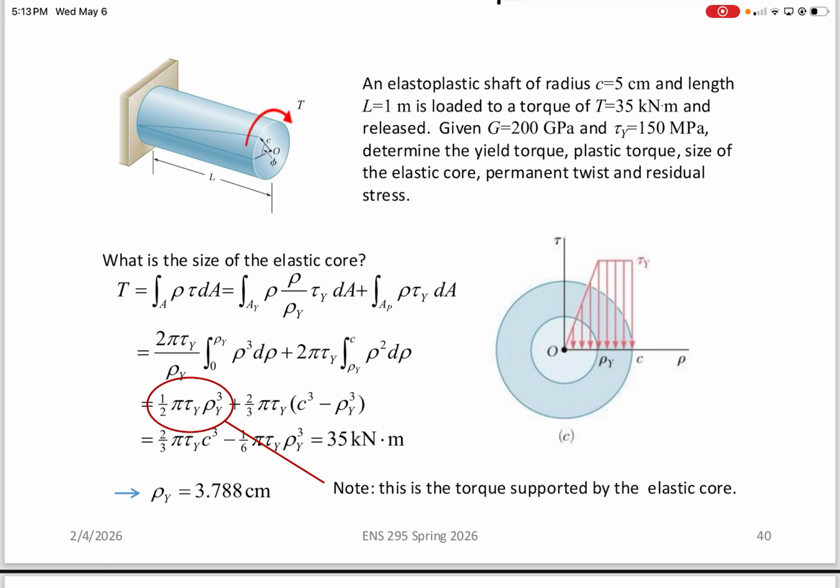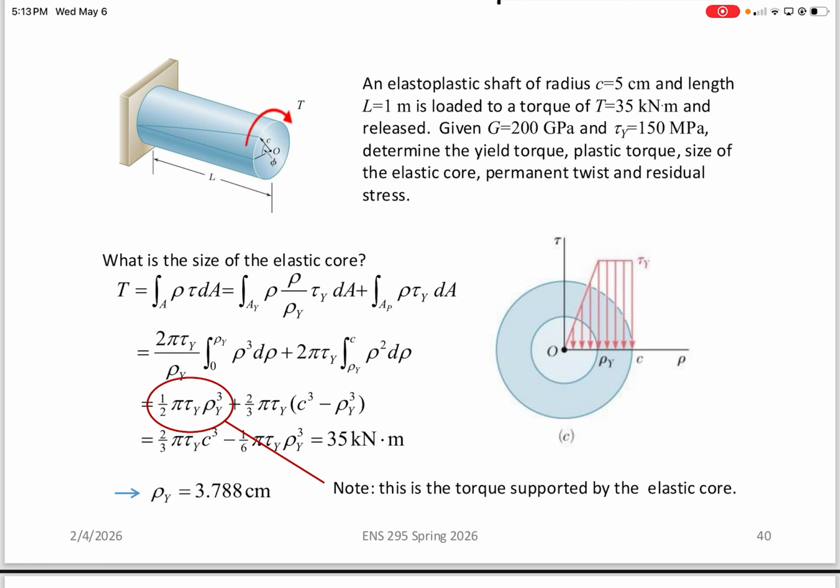Does anyone have any questions up to that point so far? Everyone understands that, I'm going to try and draw it over here, that we're going to have a linear elastic region up until this point, and then it's going to plateau here.